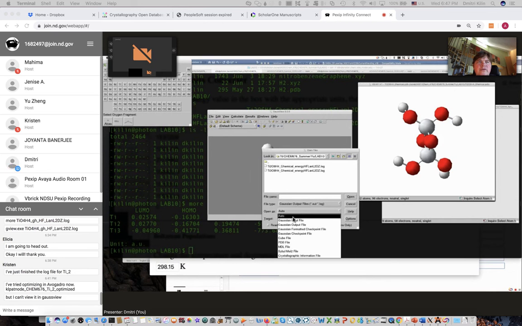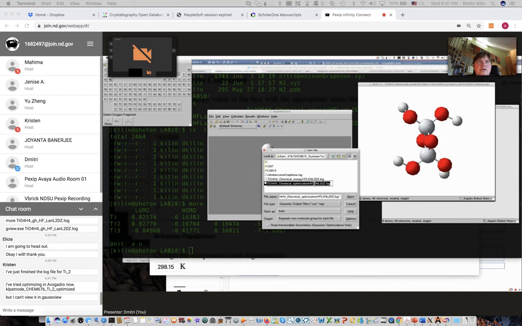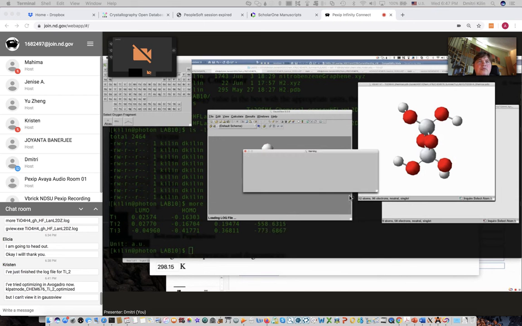Go one order up. Optimization. Okay. The Gaussian job may still be running or didn't terminate normally.